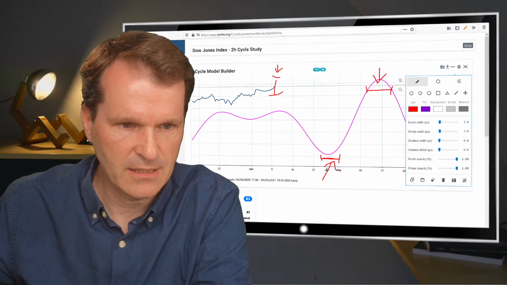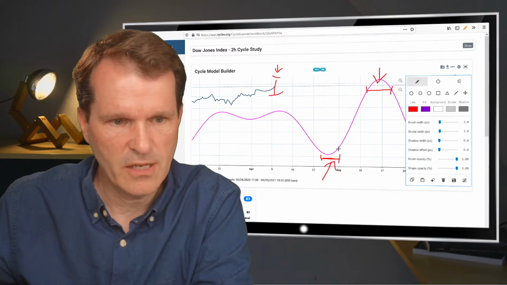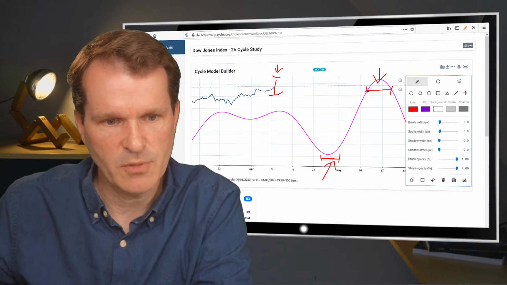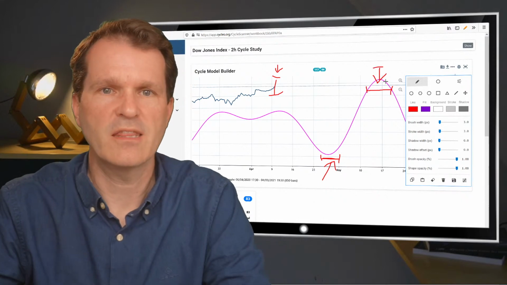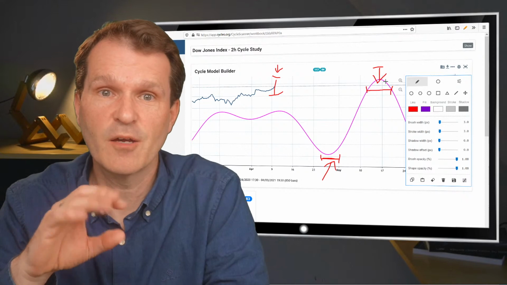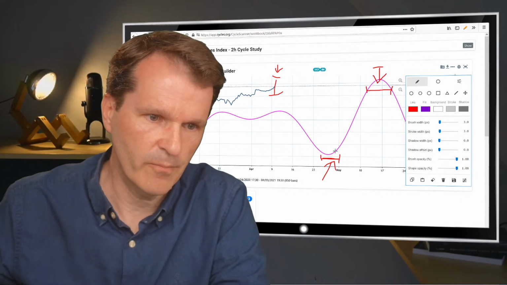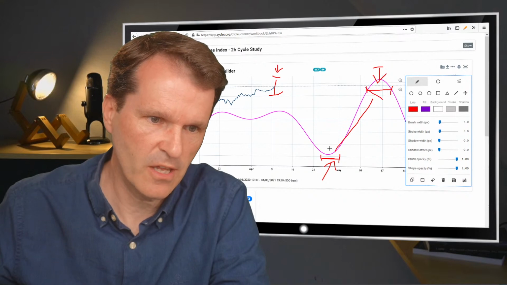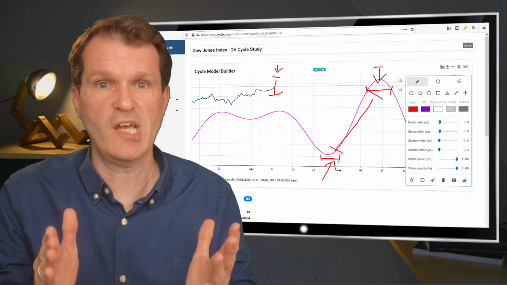Maybe wait until, and I think the projection here was the 27th of April, and then an up move between the 10th and 17th of May. Maybe then at least the cyclic momentum would fade away. So you could take this opportunity to look for an up move in the market during this time. So now you have your time information.